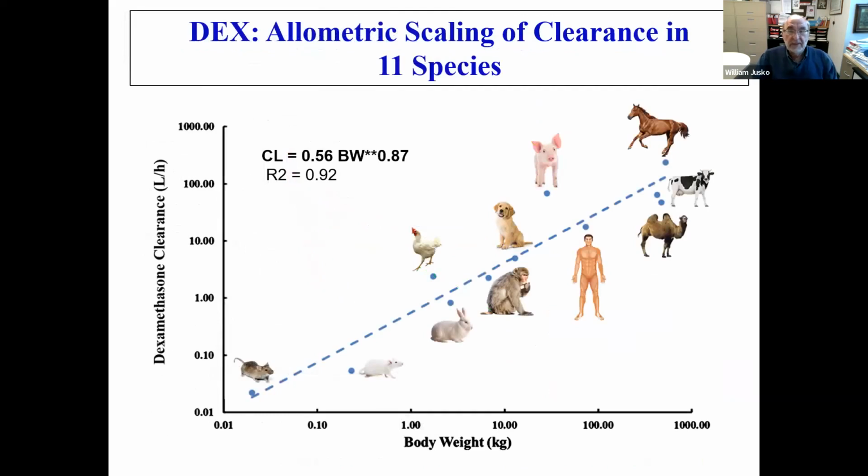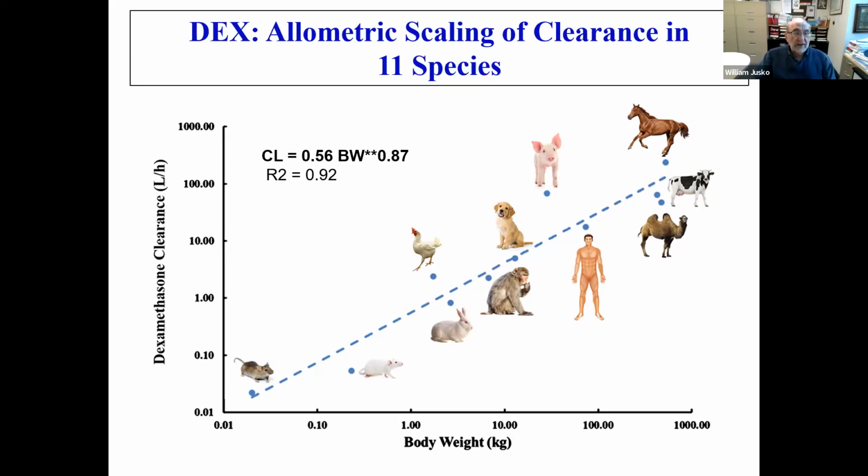Another example is with dexamethasone. Because it's used as an anti-inflammatory in all of veterinary medicine, it's been studied in many different species, as you see on the graph. So we took the reported clearance from all of the publications that we could find.